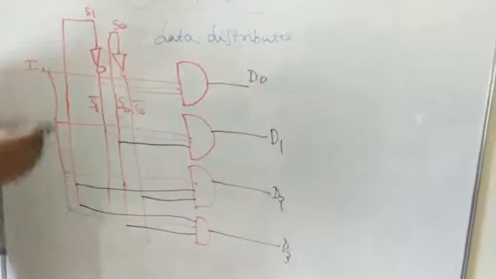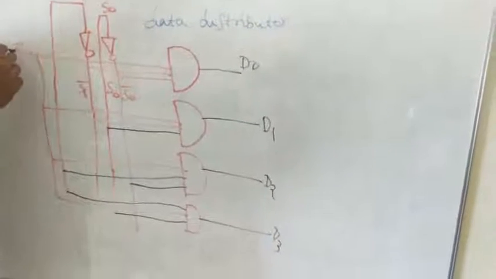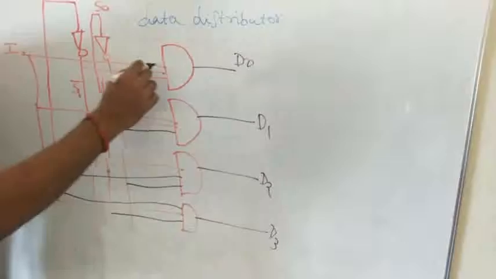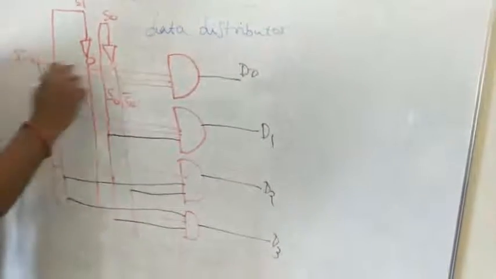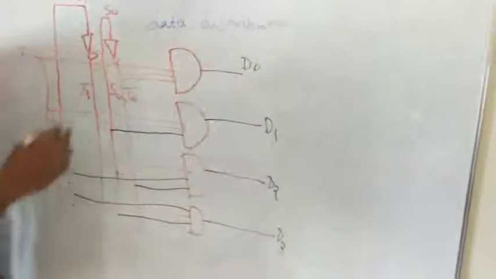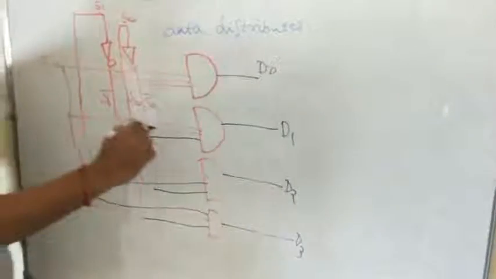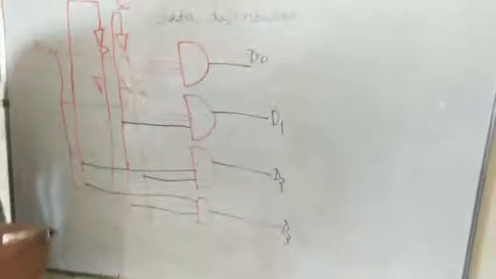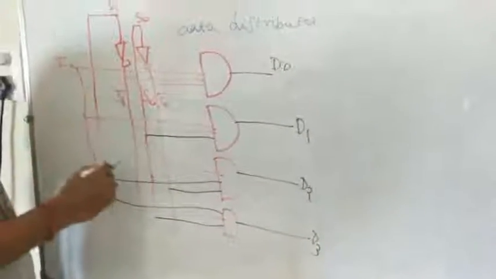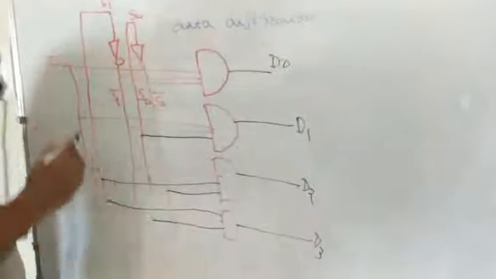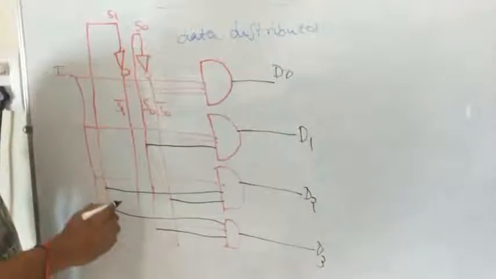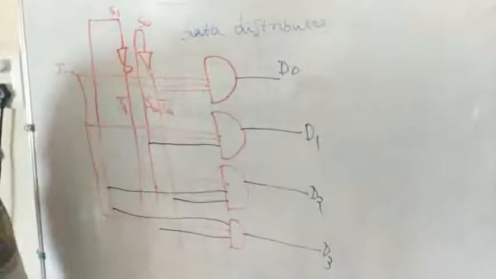Simply, if S1 S0 is 0 0, I will choose the channel D0. That is, the data will travel through this channel D0. If S1 S0 is 0 1, the data I will travel through the channel D1. If S1 S0 is 1 0, it will travel through D2. If S1 S0 is 1 1, it will travel through D3.